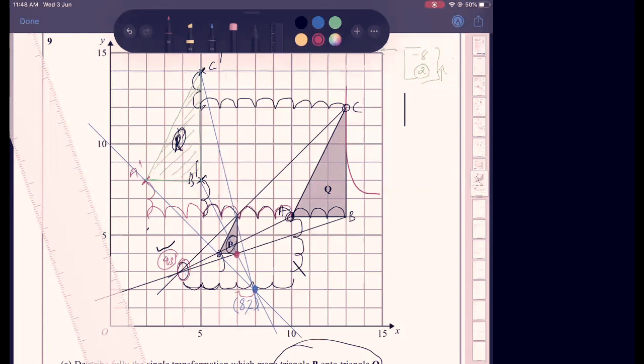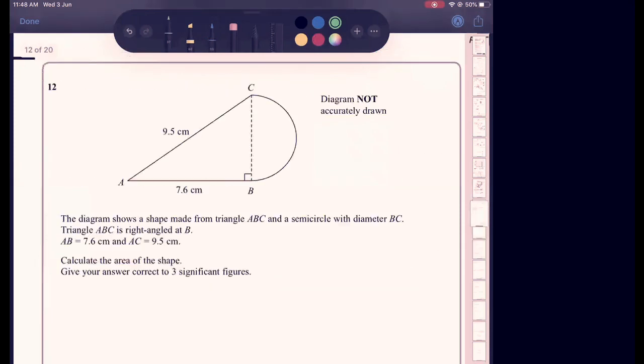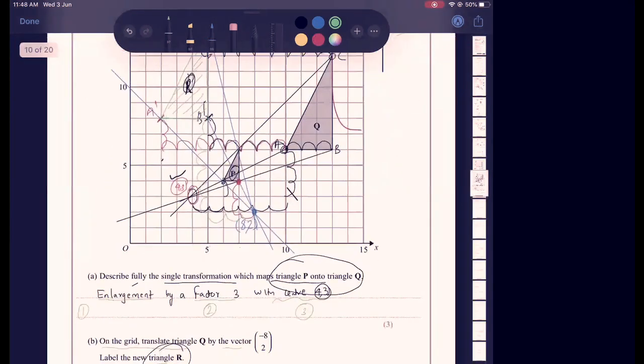So similarly, after the enlargement, what happens to this? 1, 2, 3, 1, 2, 3, 4, 5, 6.